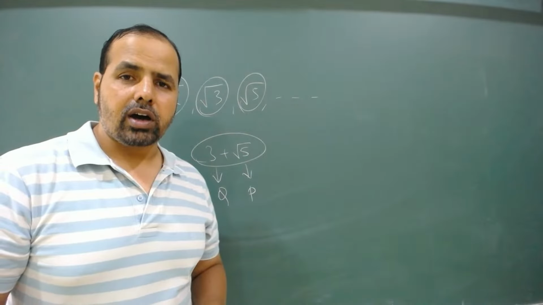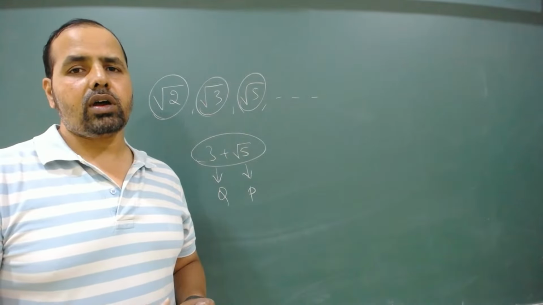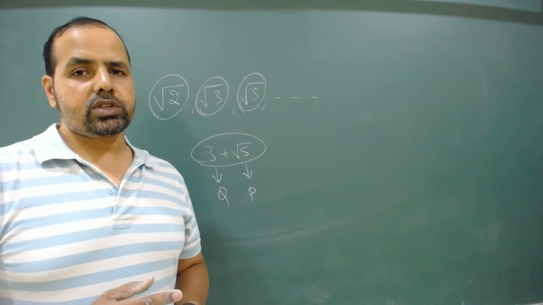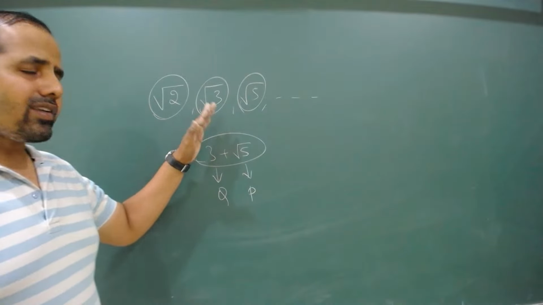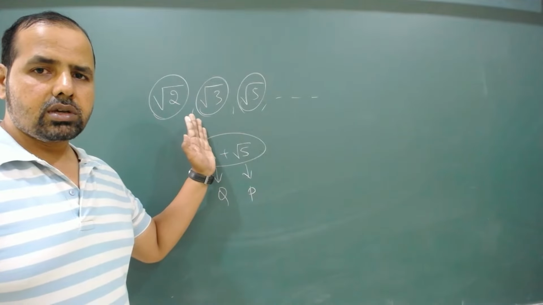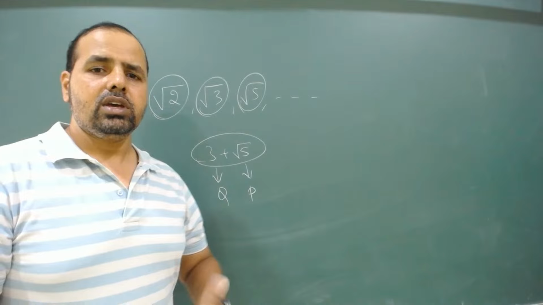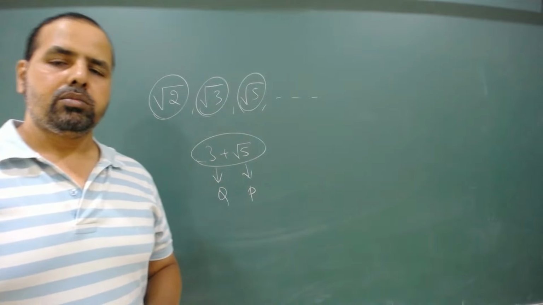Now, the concepts which we just dealt with are higher order thinking skill questions, or application questions. These are regularly asked, this is just a routine question which you have to practice for board exams.